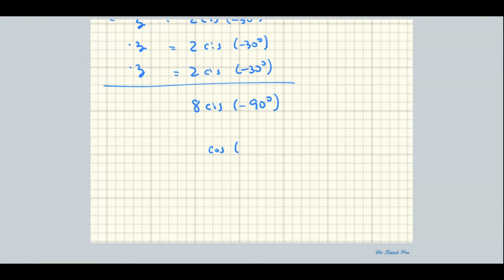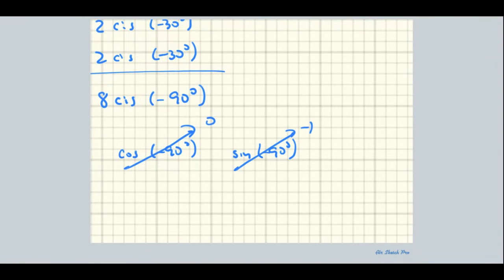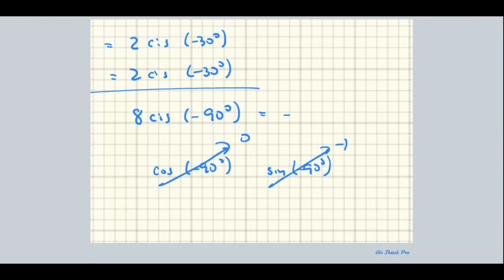What's the cosine of negative 90? And what's the sine of negative 90? I think everybody should know the cosine of negative 90 is 0. It's the same thing as the cosine of positive 90. And what's the sine of negative 90? Negative 1, yeah? So this should be negative 8i.